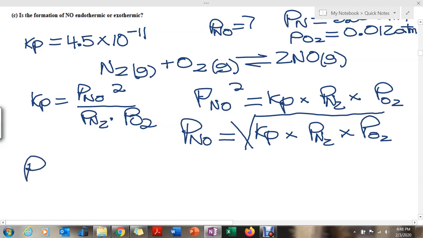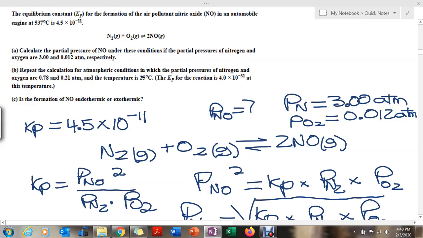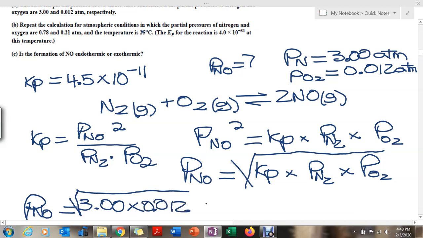So the partial pressure of NO is equal to, let's look at the values we have to plug them in. The formula: 3.0 times 0.012 times 4.5 times 10 to the negative 11, and this is all under a square root.